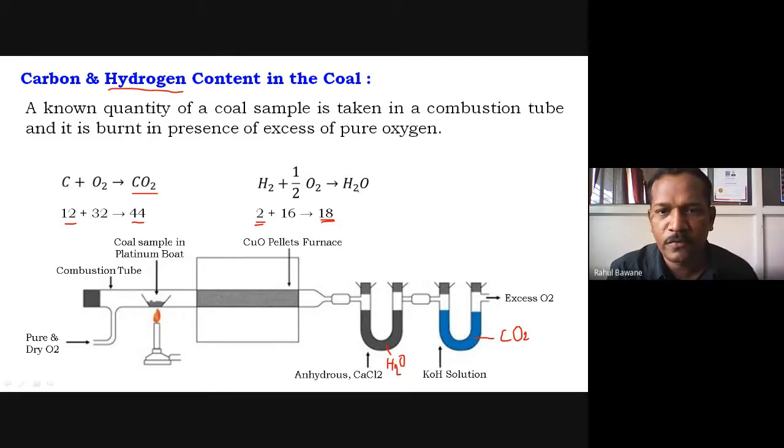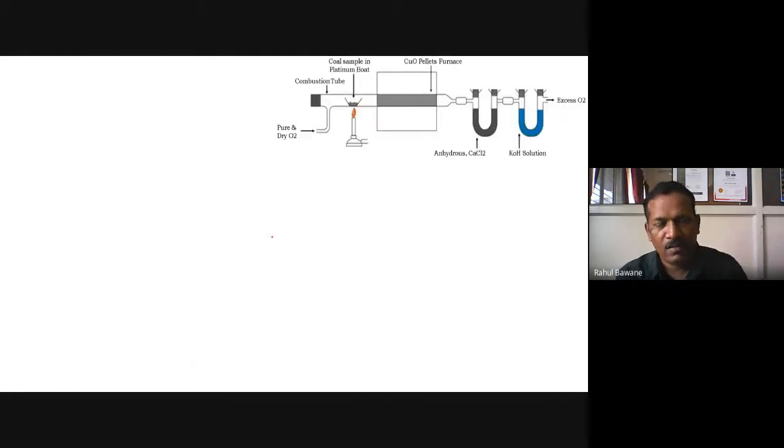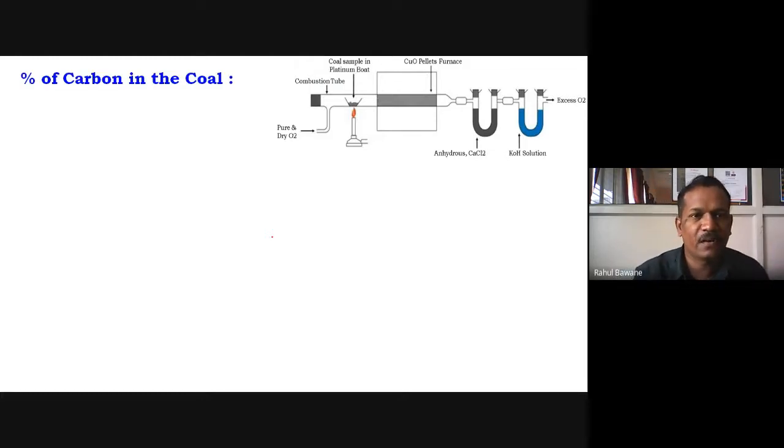For H2O, 2 by 18 amount of H2 is required. Remember this relation. Next, we will find out the carbon percentage. How do we calculate the percentage of carbon in the coal? We conduct the experiment, and we know how much coal sample is there.